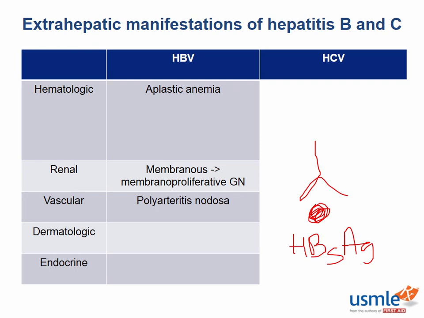So inside or on the vessel wall of affected polyarteritis nodosa vessels, we see deposits of this hepatitis B surface antigen and surface antibody complexed and smashed up into the wall. This indicates that this disease is possibly an immune complex mediated disease that is associated with hepatitis B.